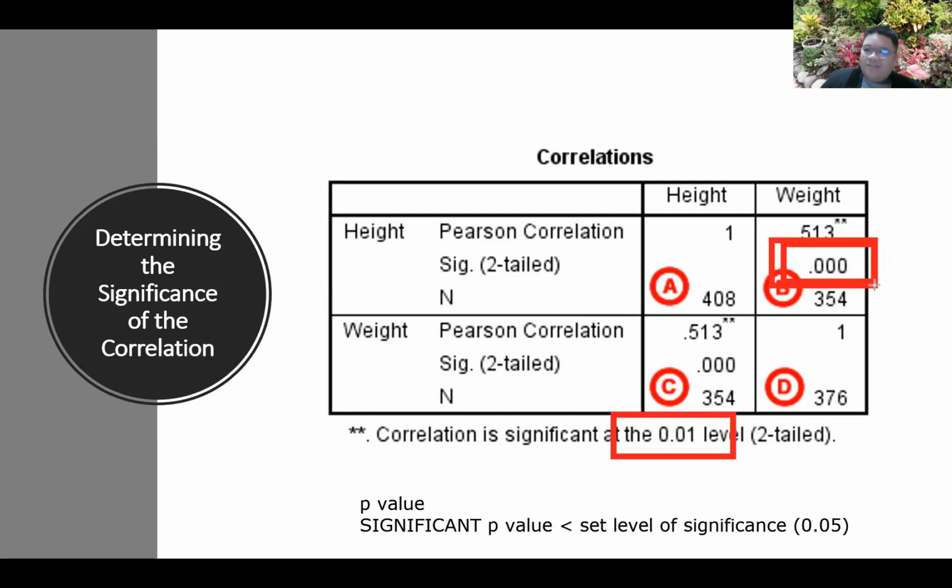which would mean, significant nga ba siya, class, or hindi? Ang p ko, 0.000. Ang alpha level ko or set level of significance, 0.01. Is it significant or not? Sige na. That's the last question before this session ends.